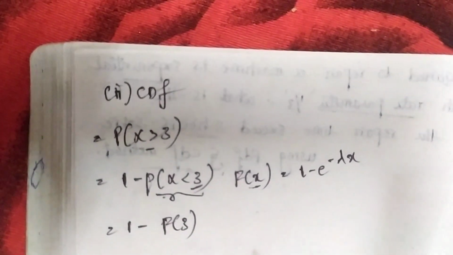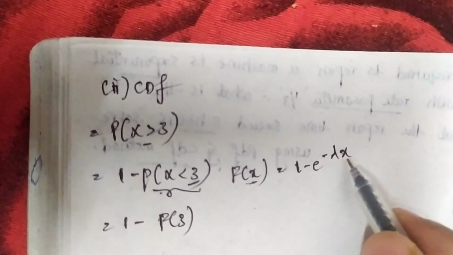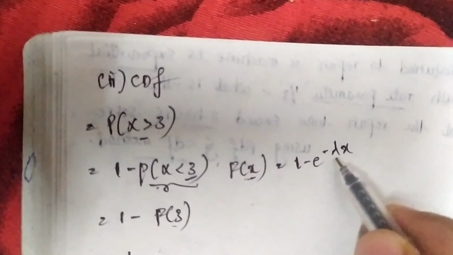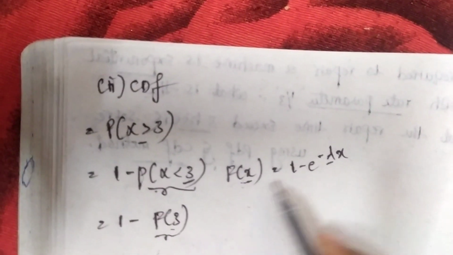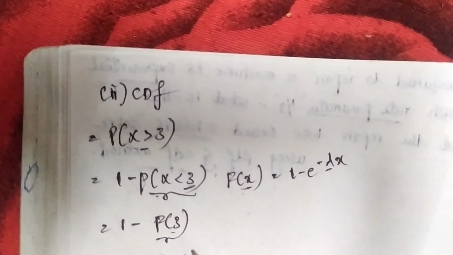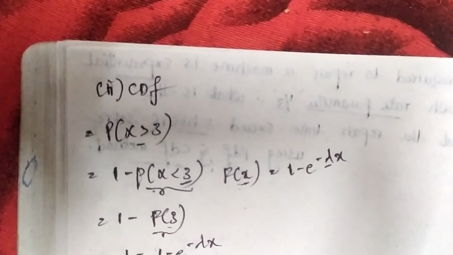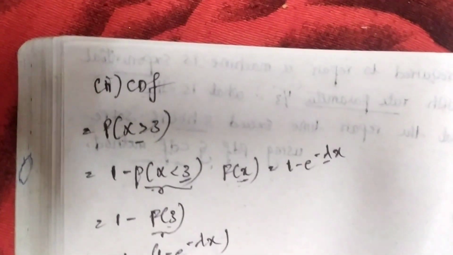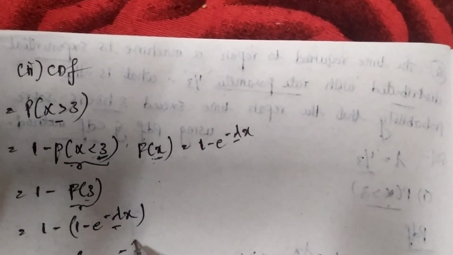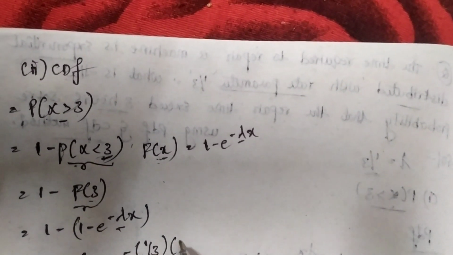We know the formula, so in place of x we put 3, and the value of lambda is given as 1 by 3. So f of 3 is 1 minus e power minus, with lambda equal to 1 by 3 and x equal to 3.